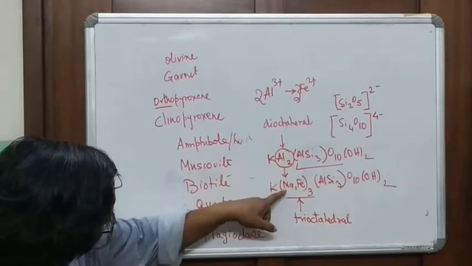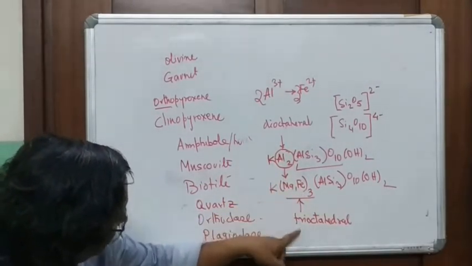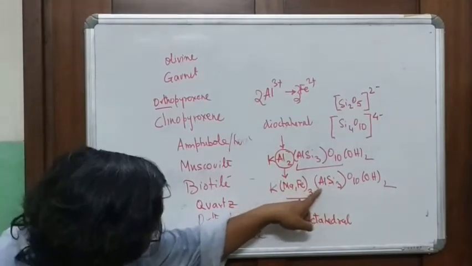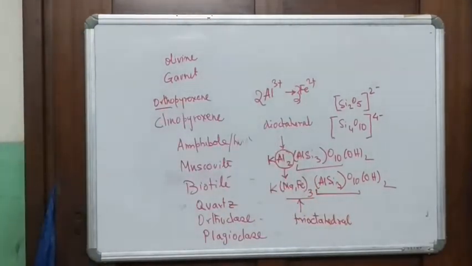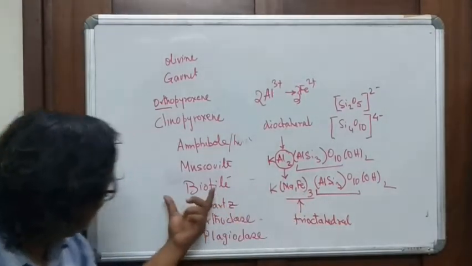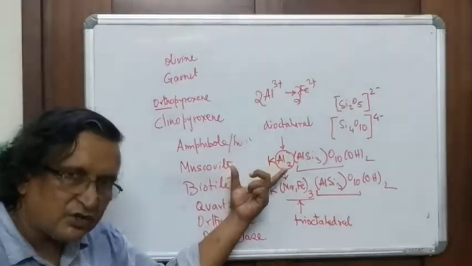If you replace aluminium by magnesium, then you get K Mg Fe3. So there are 3 octahedral sites. And again, you have the same situation here, Si2O5 and 2 minus. So biotites are trioctahedral micas, muscovite are dioctahedral micas.